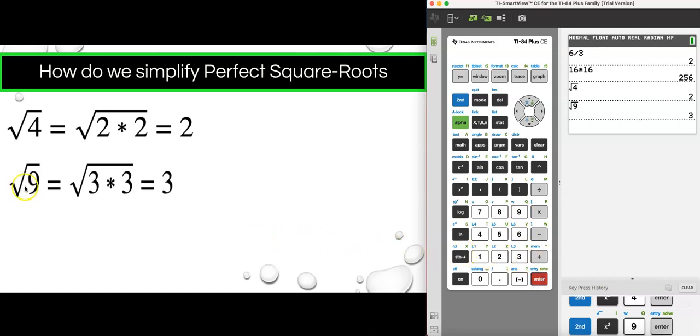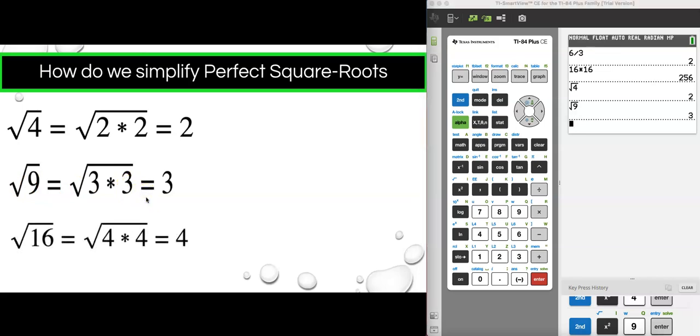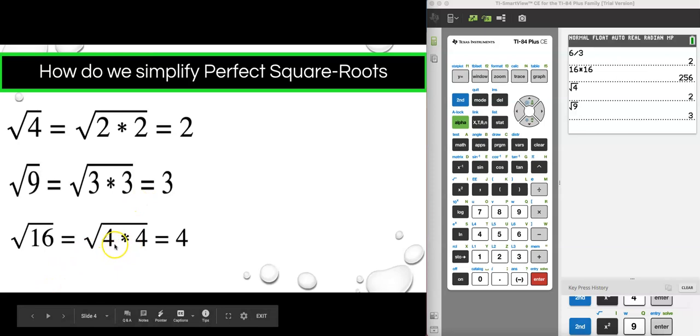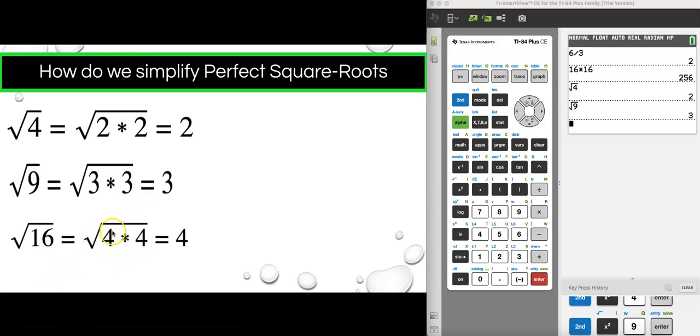So instead of writing the square root of 9, I can just write 3. The square root of 16 can be rewritten as the square root of 4 times 4, so if you follow the pattern, the square root of 16 should just be 4. Okay?